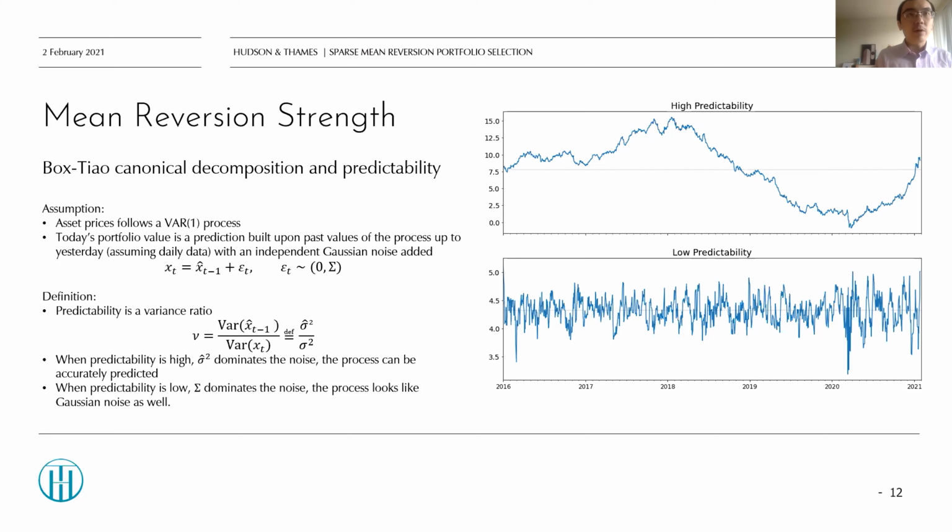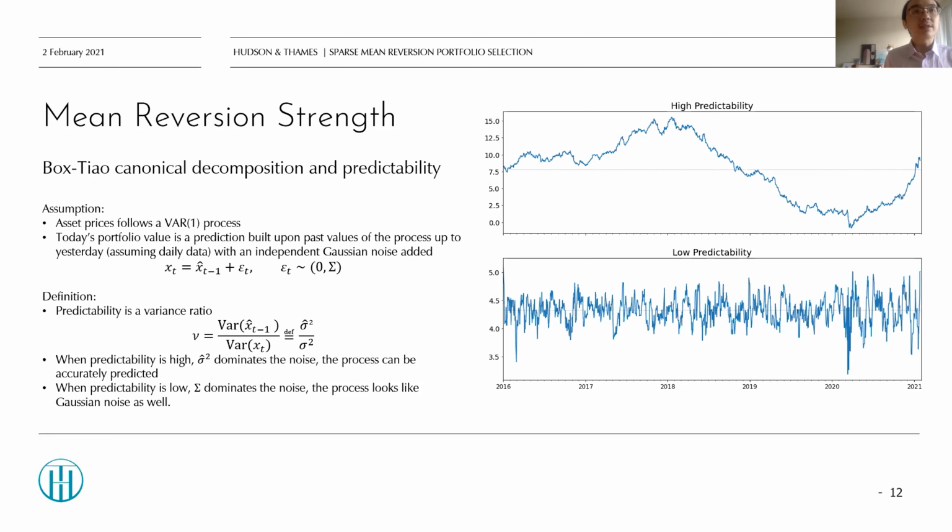And today's portfolio value is a prediction built upon all past values of the process up to yesterday. Assuming we're using daily data, you can use the previous time unit if you're using intraday data or data with finer frequency. And the portfolio value also has an independent Gaussian noise added.